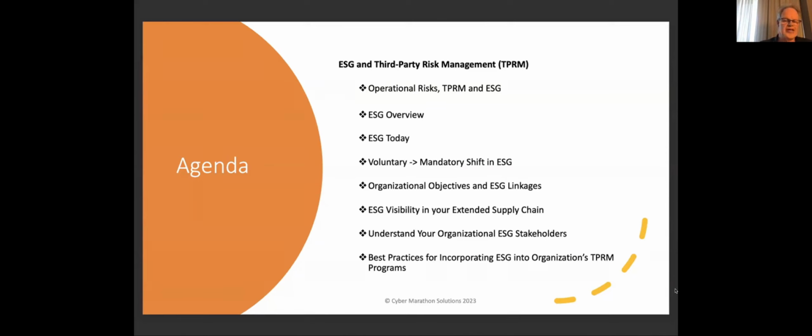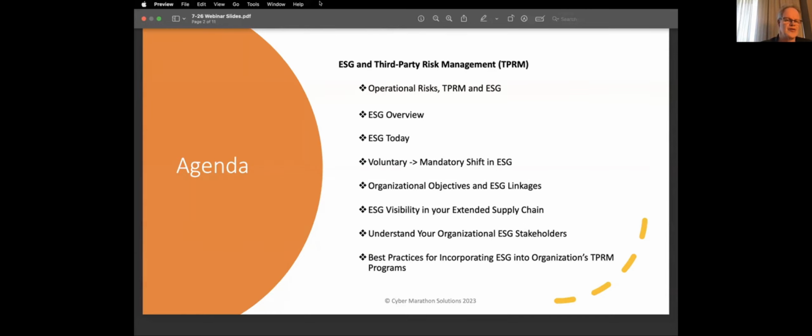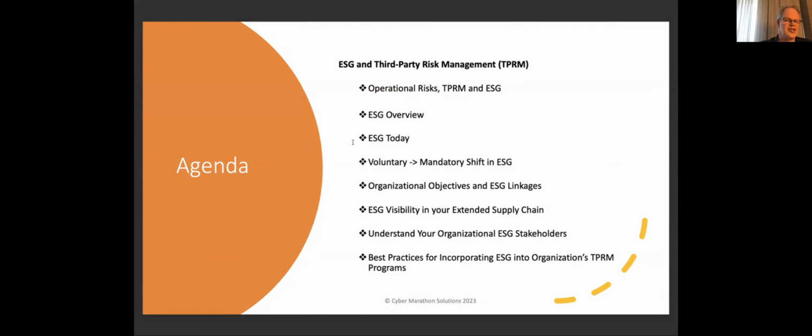Next, we'll talk about ESG visibility into your extended supply chain and how your supply chain represents one of the areas of greatest risk and that you really need to focus on those fourth, fifth, and nth parties. Next, we'll explore the different stakeholders within your organization and how they relate to the ESG conversation. And then finally, we'll finish up with some best practices for incorporating ESG into your TPRM program.